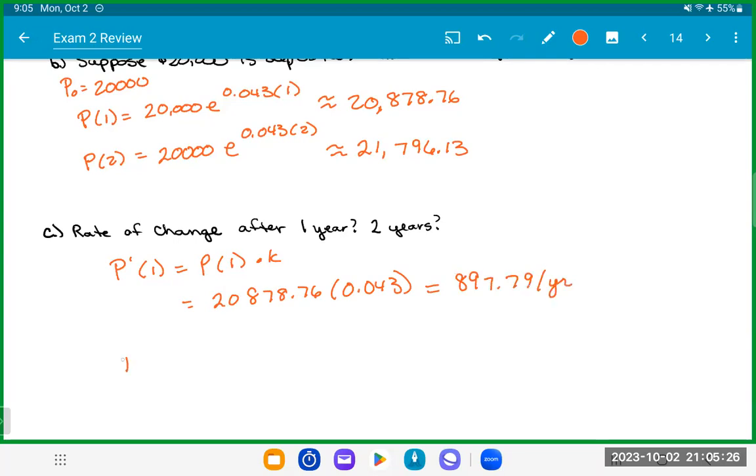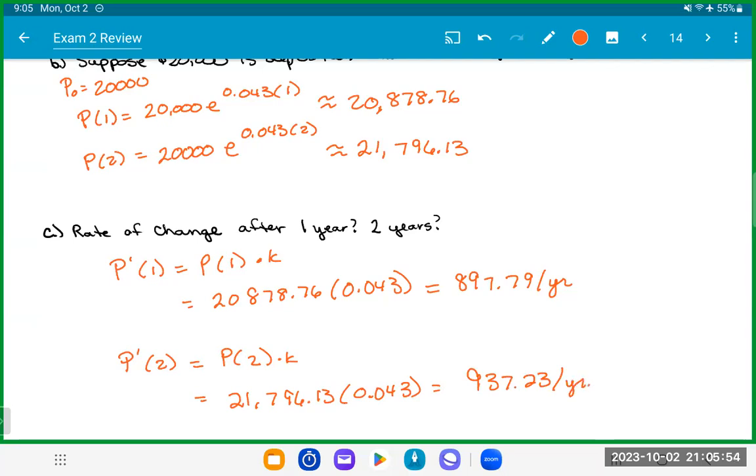But if I do the growth change after 2 years, then that's P of 2 times k, right? And so that gives me 21,796.13 times my growth rate of 4.3%. So that is $937.23 growth per year. Okay. Questions?